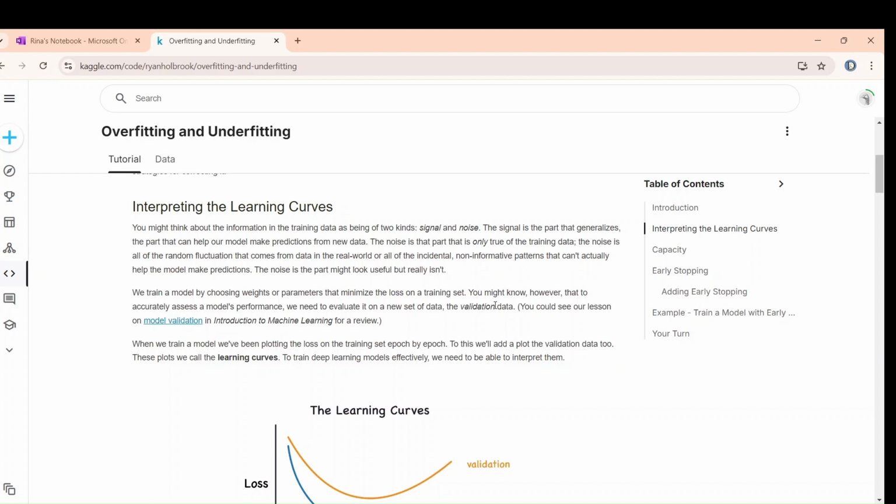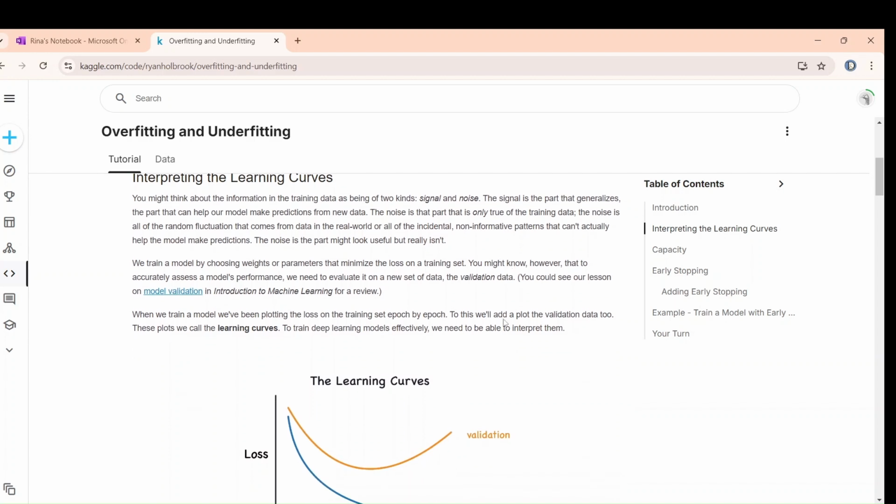So your data set is now divided into three parts. Earlier it was a training part and a test part, but now we have created one more set, the validation part. So training part, validation part, test part. All these data sets are different, which means a single data set is divided into three parts.